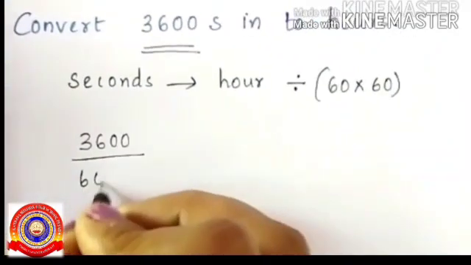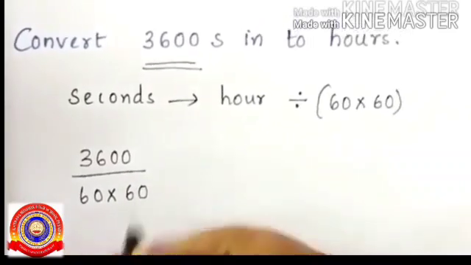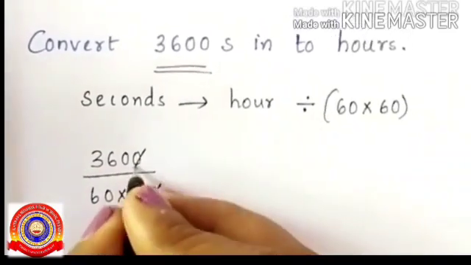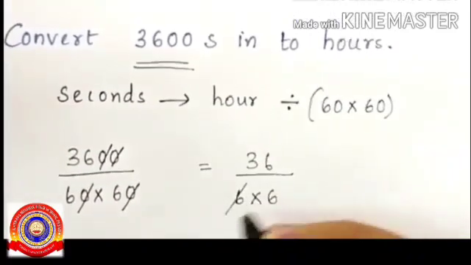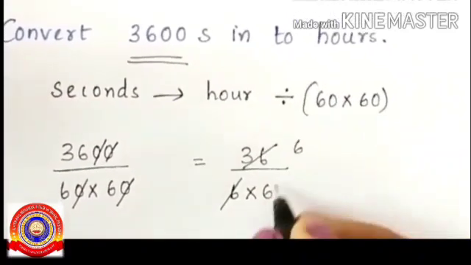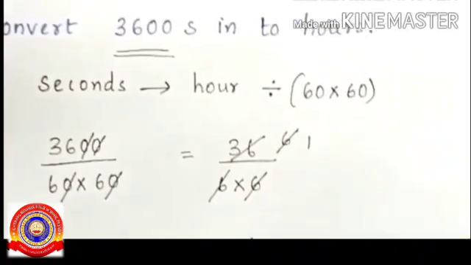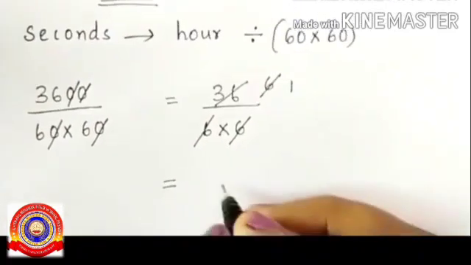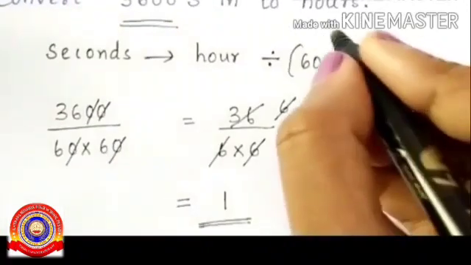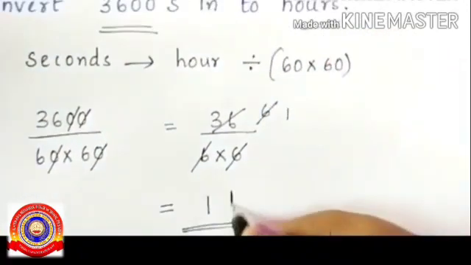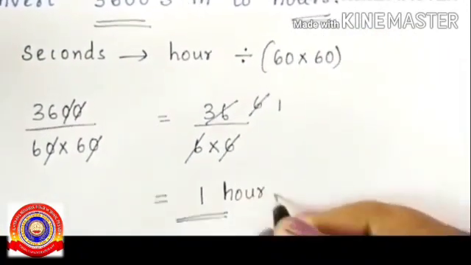So 3600 divided by 60 into 60. Cancelling the zeros, you got 36 divided by 6 into 6. Cancelling each other, you got 1. The final unit is hour. So the answer becomes 1 hour.